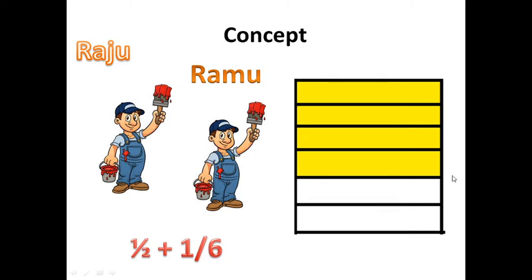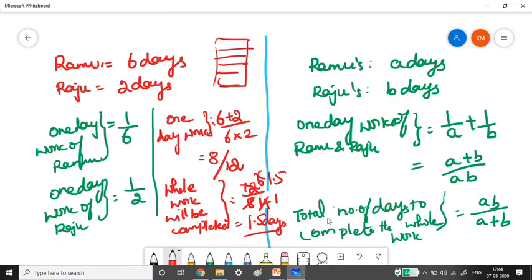So 1.5 blocks can be painted by Raju, and Ramu will paint 1 block in a day, so half of his work is 0.5. So 2 blocks, this whole 6 blocks can be painted in 1.5 days, correct? So the total number of days taken to complete the work is 1.5.